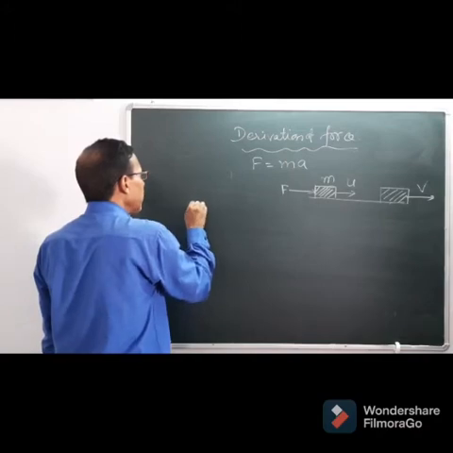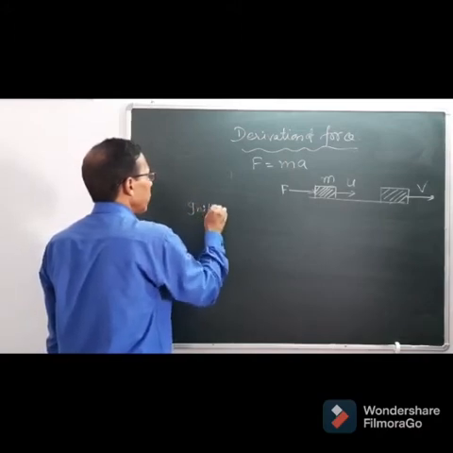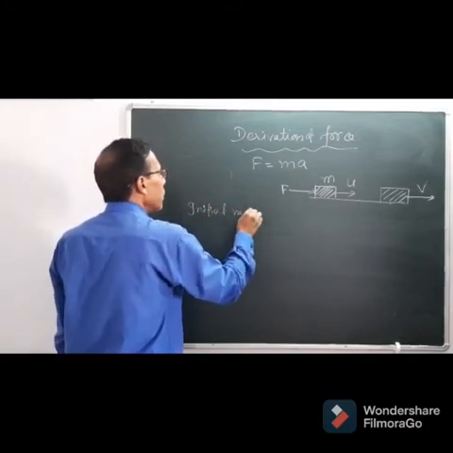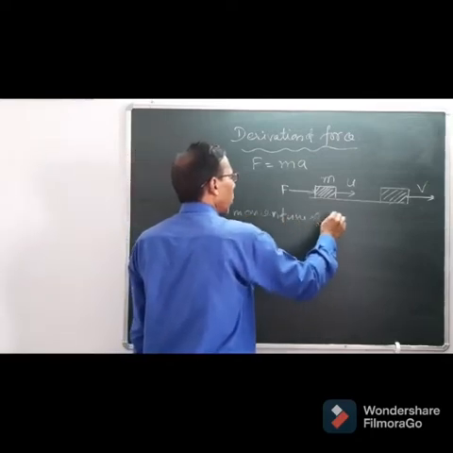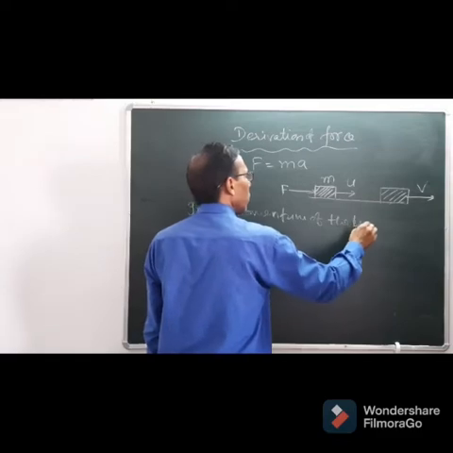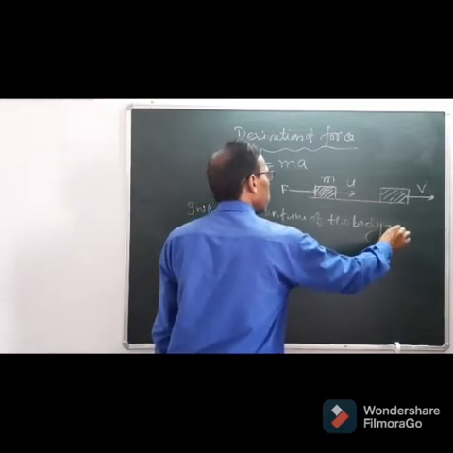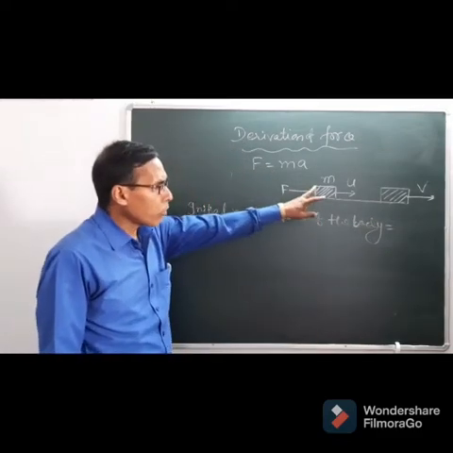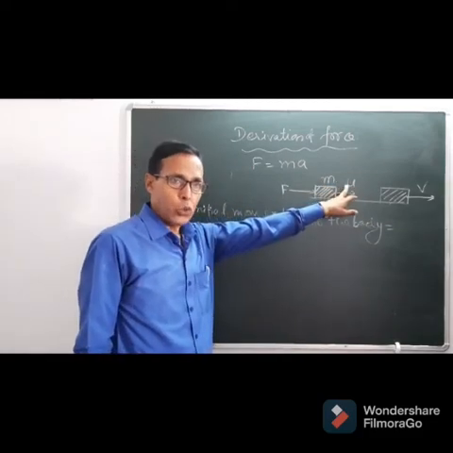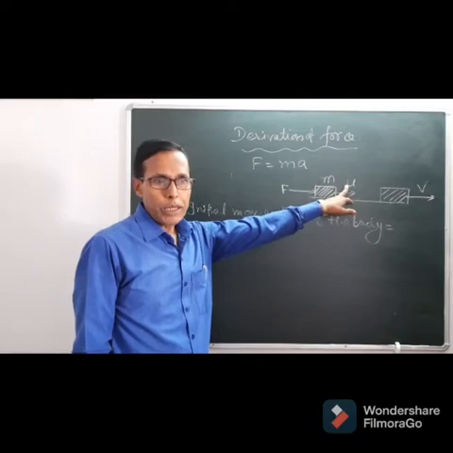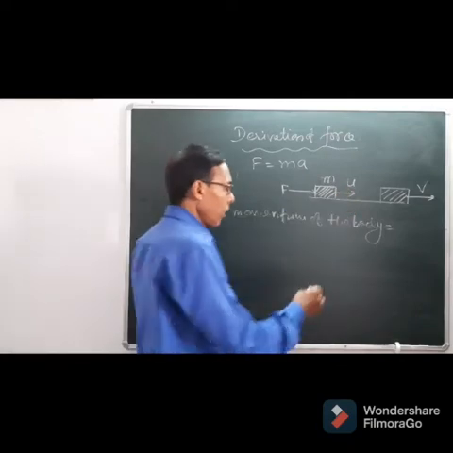Then the initial momentum of the body is equal to mu, because the mass of the body is m and its initial velocity is u, and we know that momentum is equal to the product of mass and velocity.